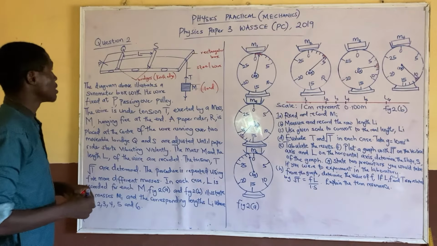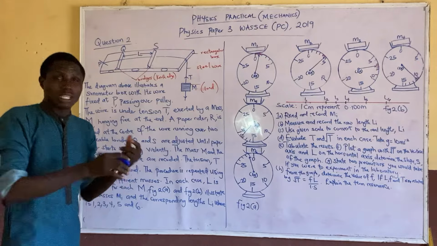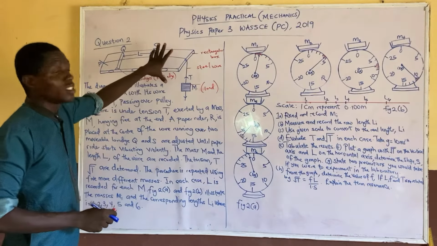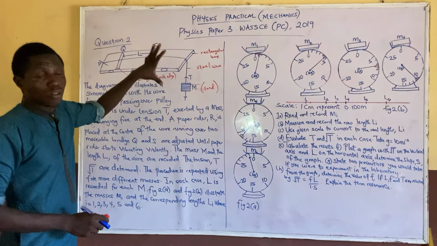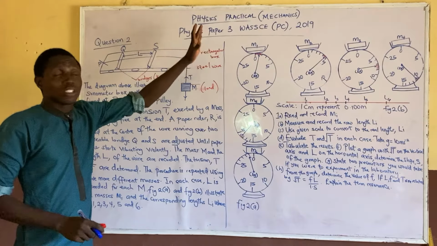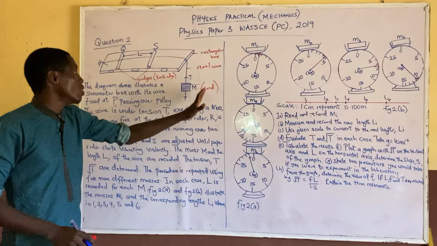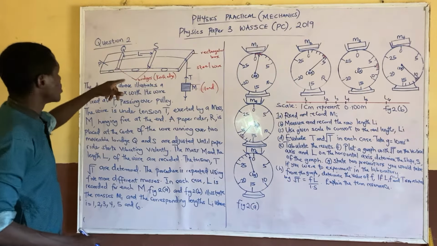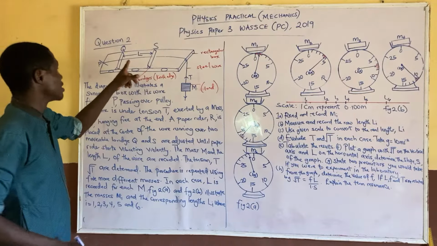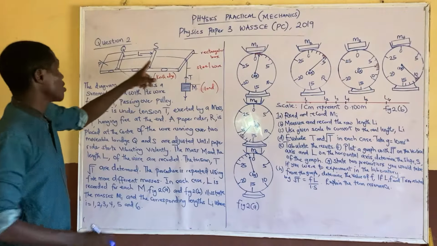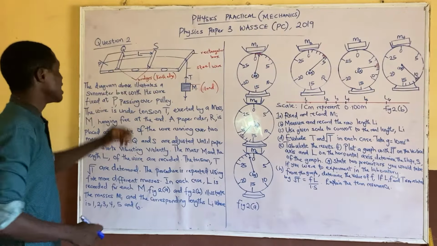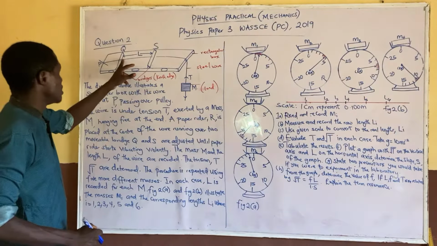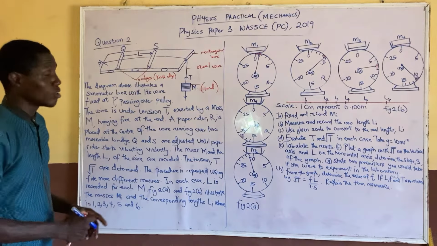So these are the apparatus to set up this experiment: the rectangular box, steel wire, load, the knife edges for the 2 bridges, and the meter rule which we use to measure the length between the 2 bridges. So this is length L between the 2 bridges, and we use a meter rule to determine it.